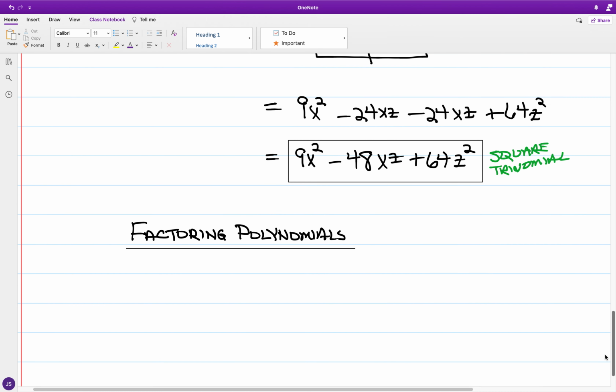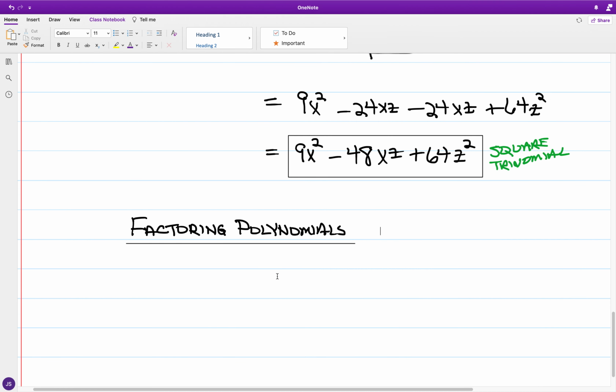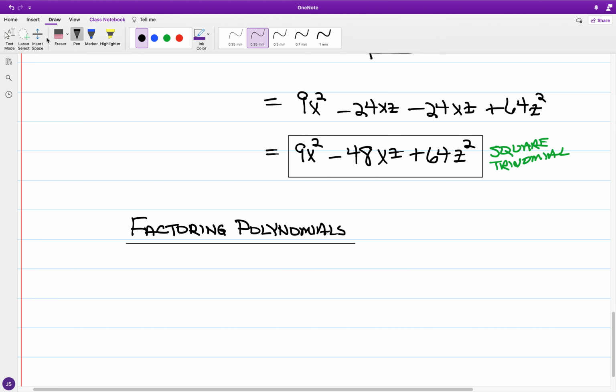So we're going in the other direction: instead of going from the factors to the product, we're going from the product to identifying just what factors are going to be involved.